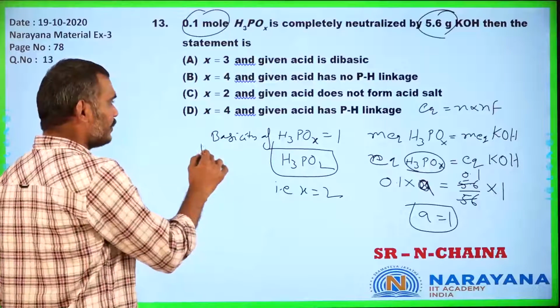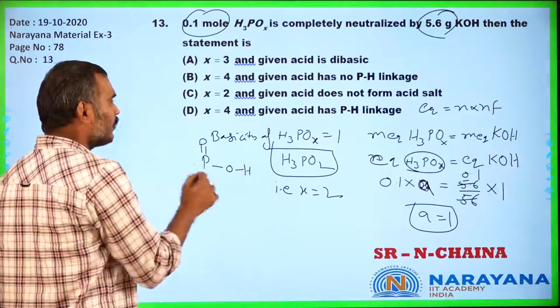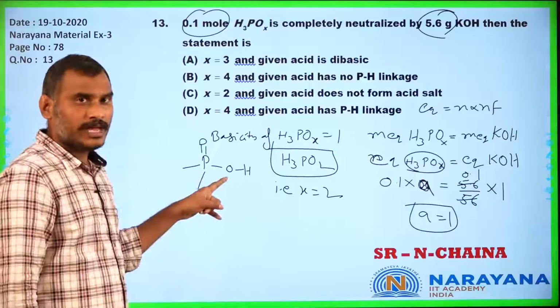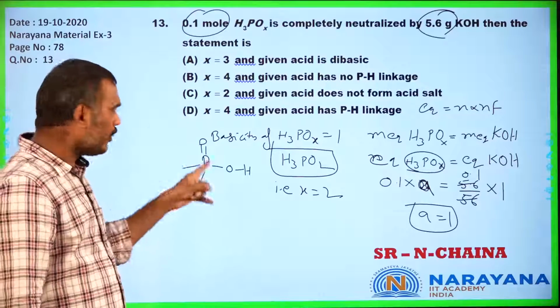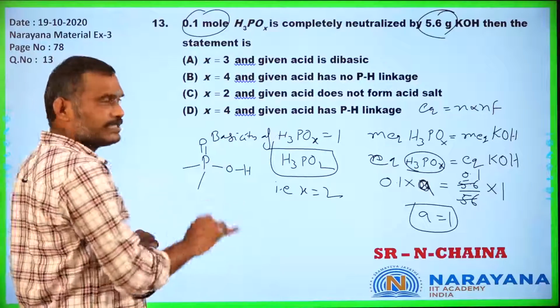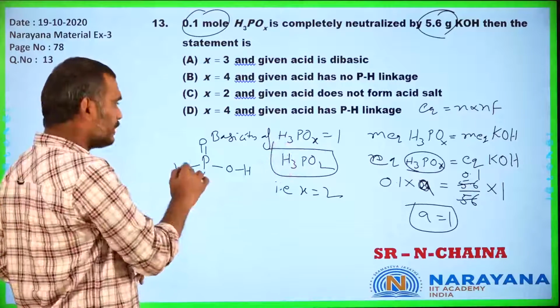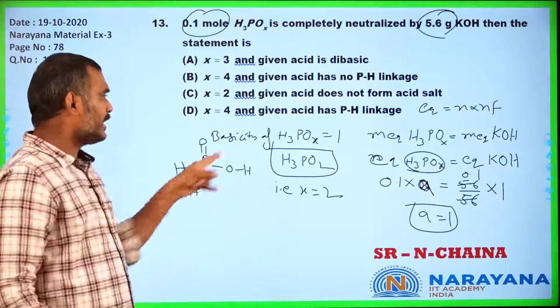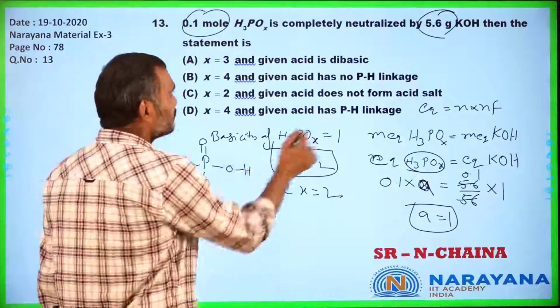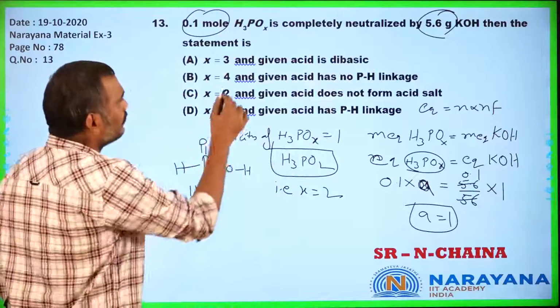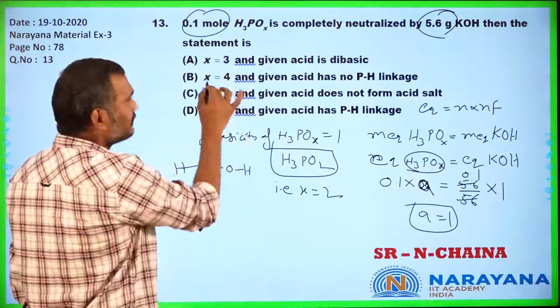Then P double bond O, OH. How could you say, sir? Every oxy acid should have this point: that is already 1 H plus, that is only 1 replaceable. Remaining hydrogens are attached to phosphorus, so 3 hydrogen like this. That is why X equal to 2, so oxygens are 2. Now X equal to 3, wrong. X equal to 4, wrong.